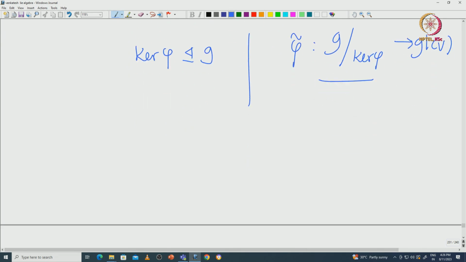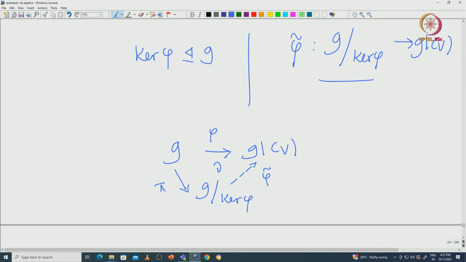There is a natural map; let me draw this diagram. You have a map from G to GL(V), and a natural quotient map, which we call pi, from G to G modulo the kernel of phi. Using the universal property of G modulo the kernel, you can define a map phi tilde here such that this diagram commutes.